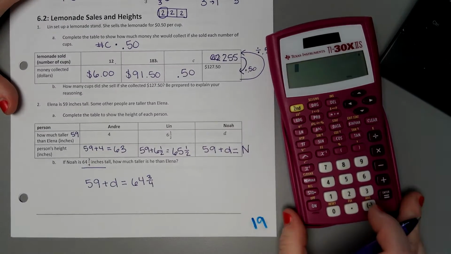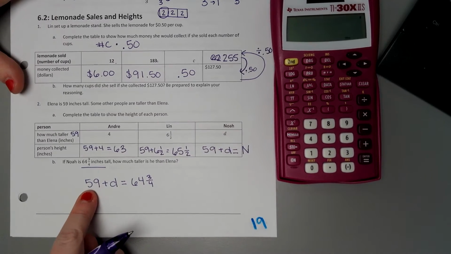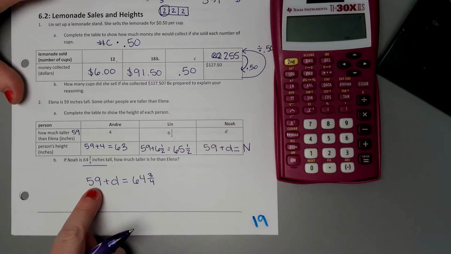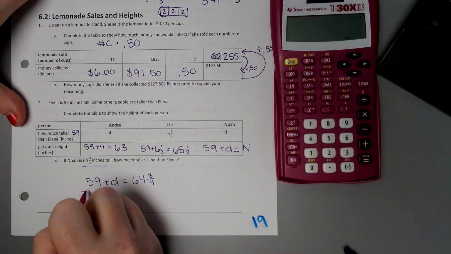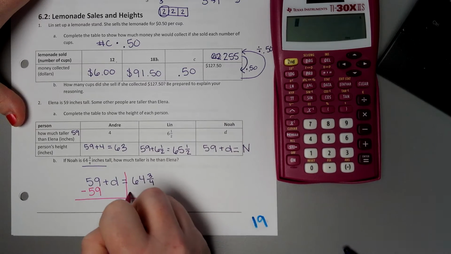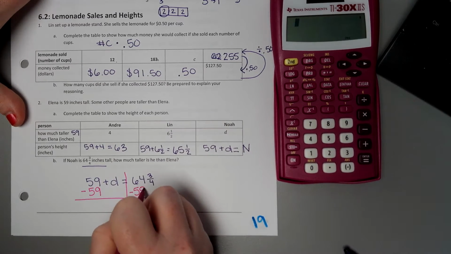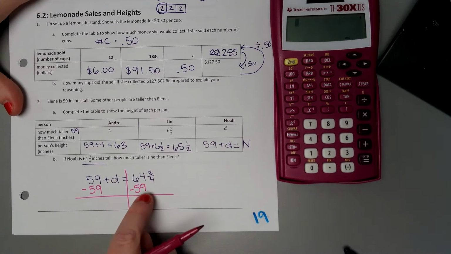So just like yesterday when we were talking about solving equations, you do the opposite of what it is. Well, this has no sign in front of it, so that means it's positive. And the opposite of a positive 59 would be a negative 59. I'm going to do that on both sides. And 59 is a whole.